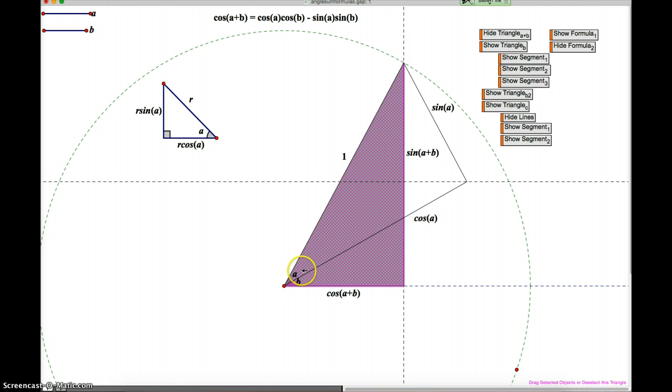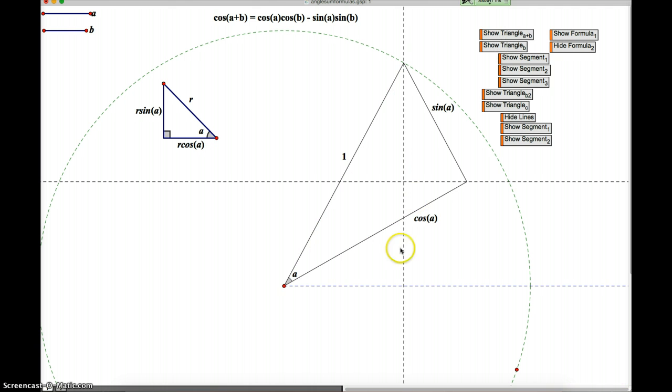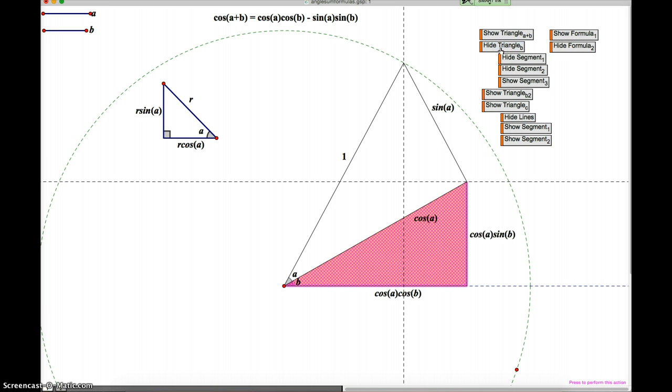And we're looking at this angle down here, which happens to be opposite this side, since we're looking at the sine of A plus B. We're going to look at a few different triangles in this diagram, and the first one we're going to focus on is the one if we drop this perpendicular down right here and pull that triangle up.